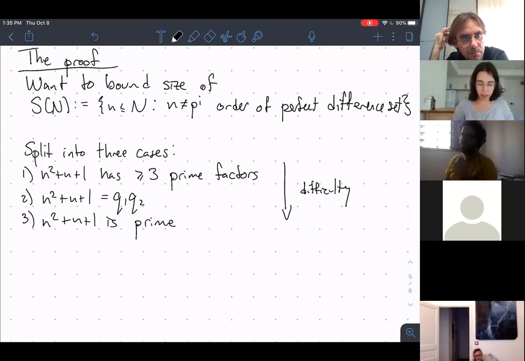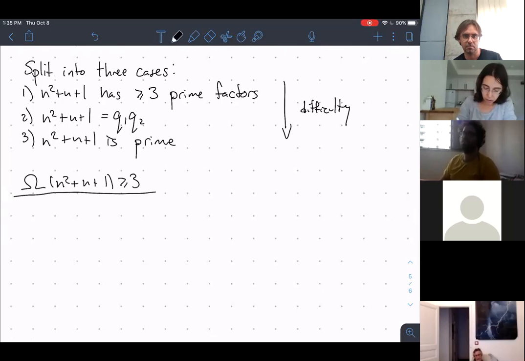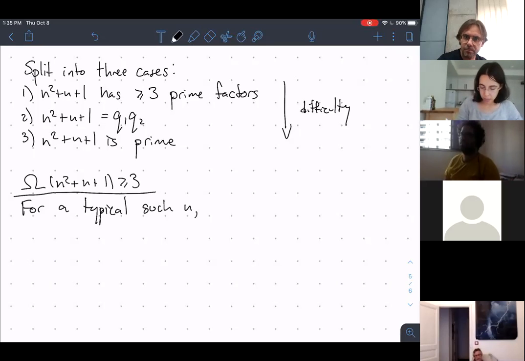So first I'll talk about the case when n squared plus n plus 1 has at least 3 prime factors. Okay, so for a typical such n, n will be divisible by 2 relatively small primes, neither of which is equal to 3.